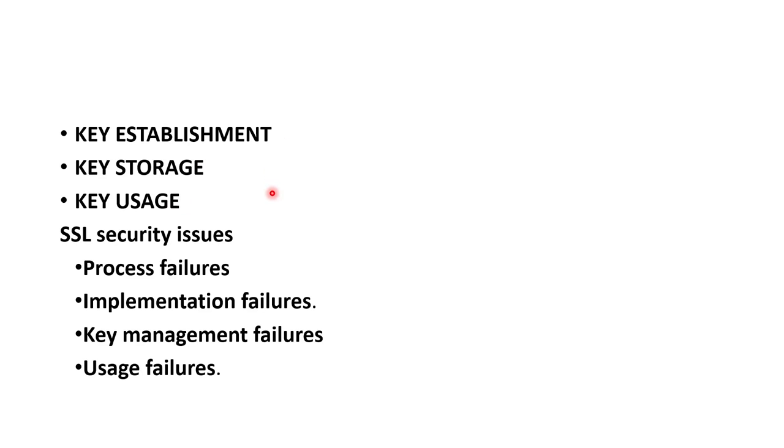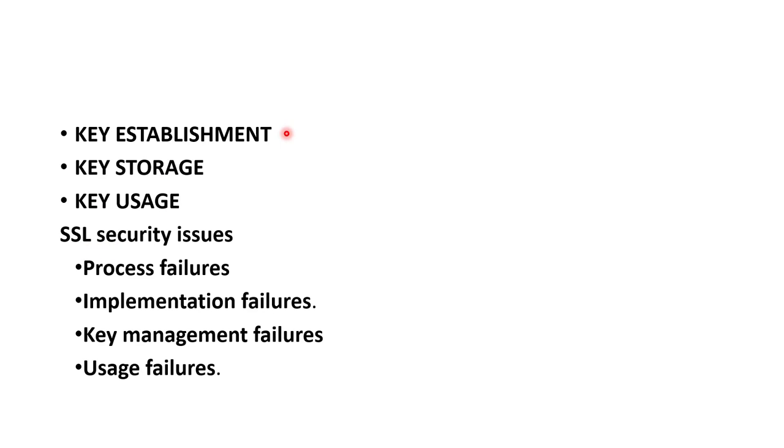With the help of those, you establish the keys once they are developed. Next, you also have to store the keys securely. For that you take key storage and key usage. For which purpose you are going to use that particular key is also very important.